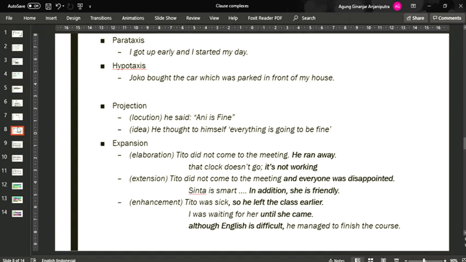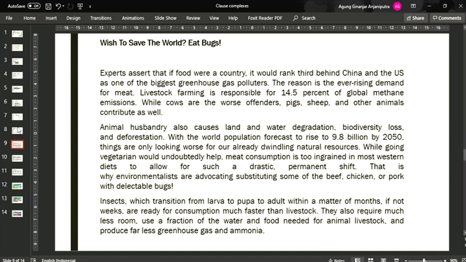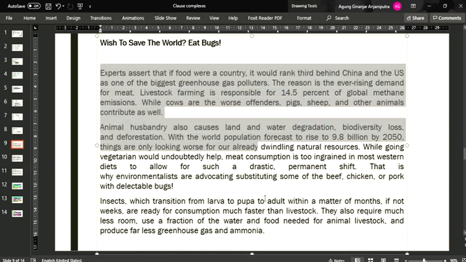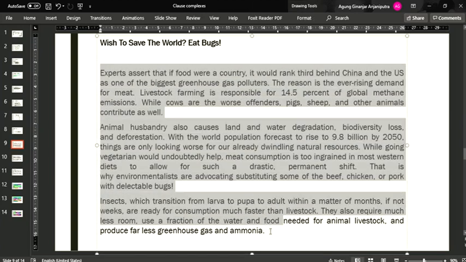So I have a practice for you to divide this text into clauses. The first text is: wish to save the world, eat bugs. You have to eat bugs if you wish to save the world. So please divide this text into clauses.